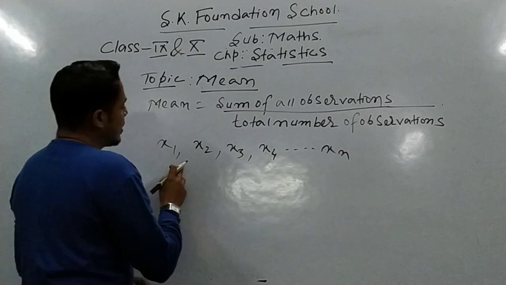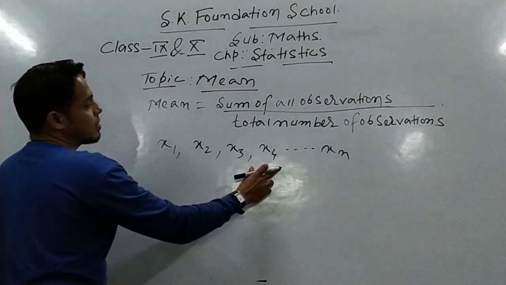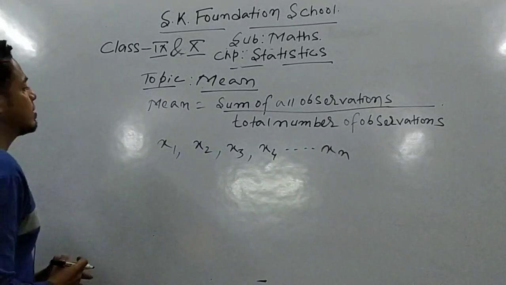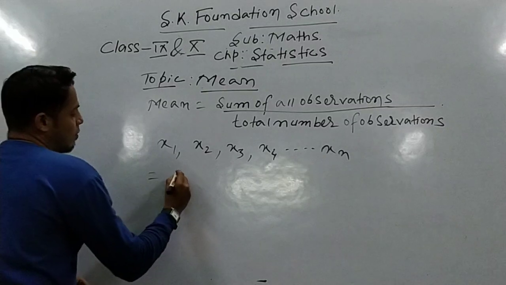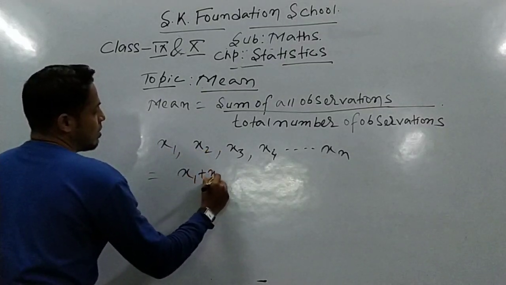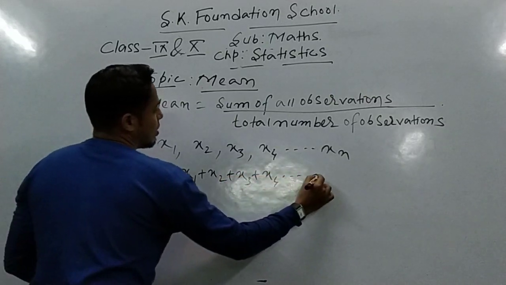Here n number of terms are there. If you want to find the mean, first we add all these observations: x1 plus x2 plus x3 plus x4 dot dot dot xn.